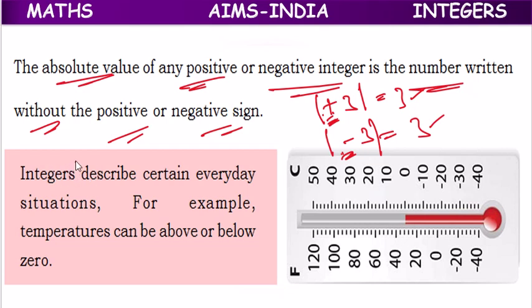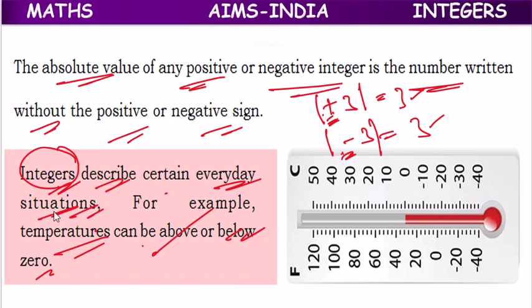Integers describe everyday situations. If you want to find temperature, which can be above 0 or below 0, we make use of integers.